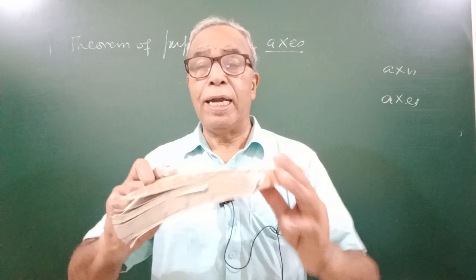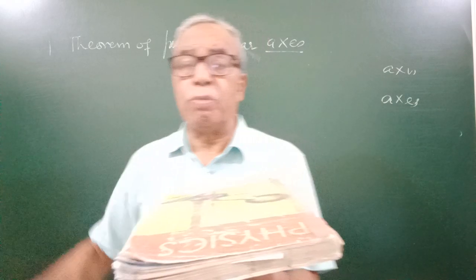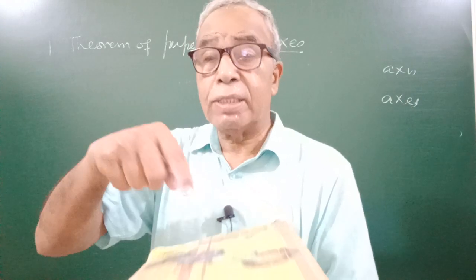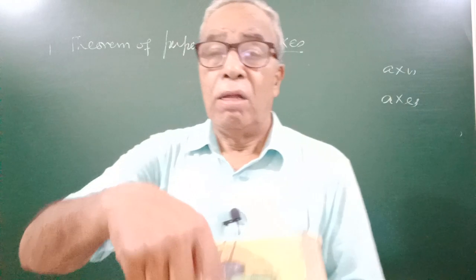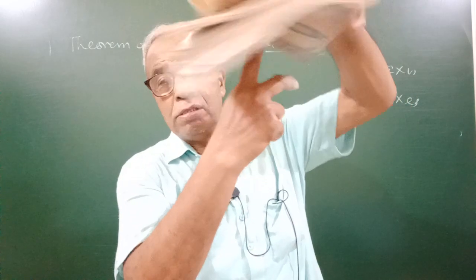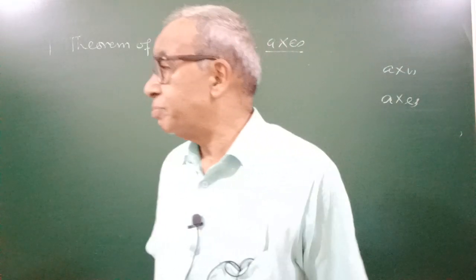It may be rotated like this. This is another axis, which also lies in the plane of the lamina. These will certainly intersect. And if we rotate about an axis passing through the intersection, that is another axis. So three axes are there.